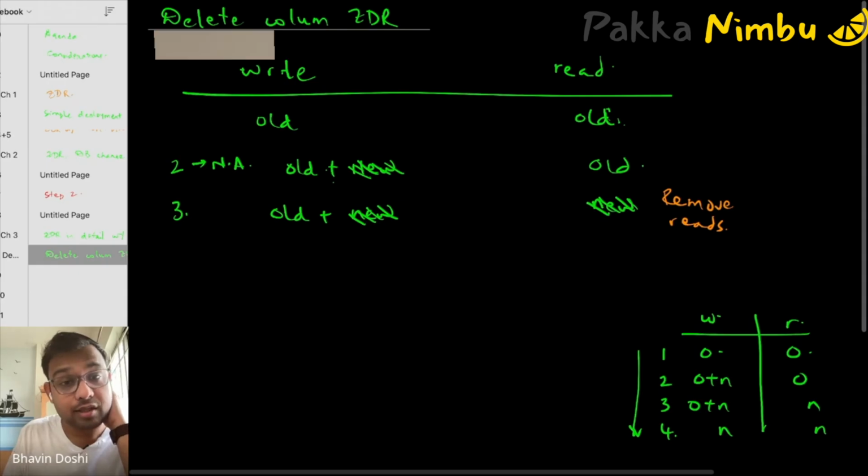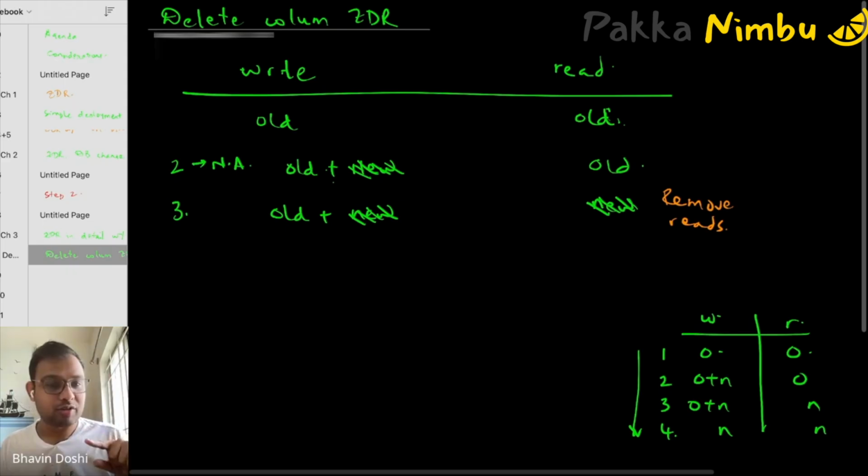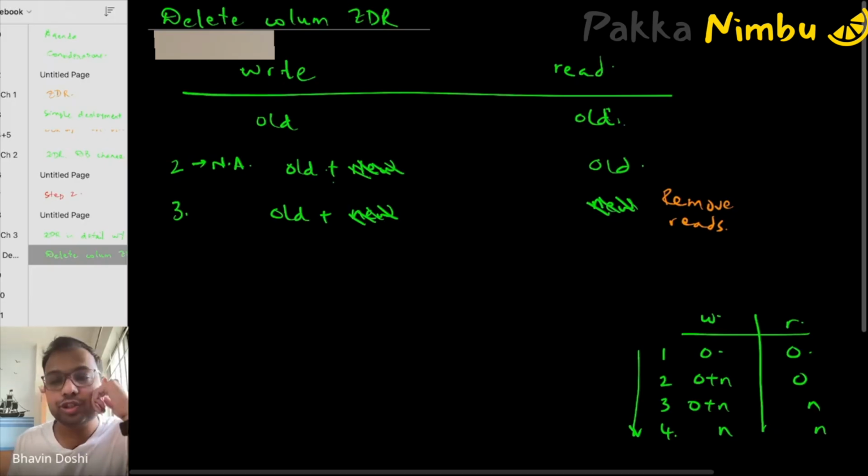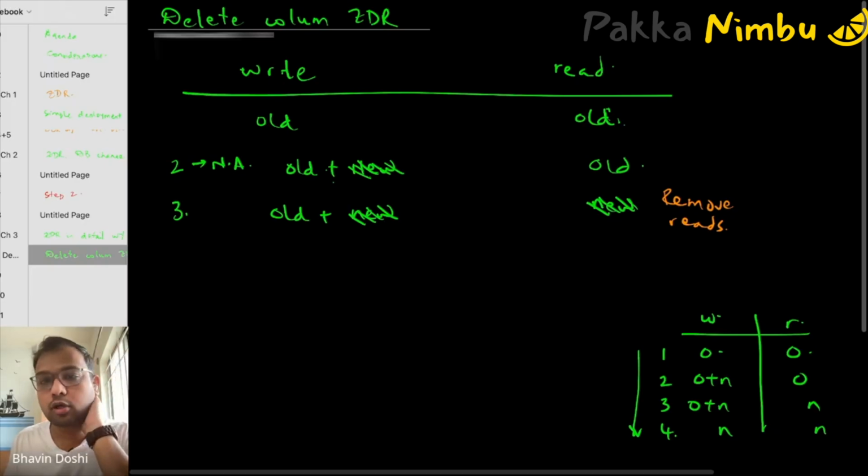If there is any step 3 write, then you've shot yourself in the foot. अगर तुम write और read दोनों हटाते हो एक shot में, it's not backward compatible. Rollbacks में दिक्कत होगी ना. तो step 3 भी हो गया कि new है, मतलब कुछ नहीं, तो remove reads. And this is revertible. You can safely roll it back.